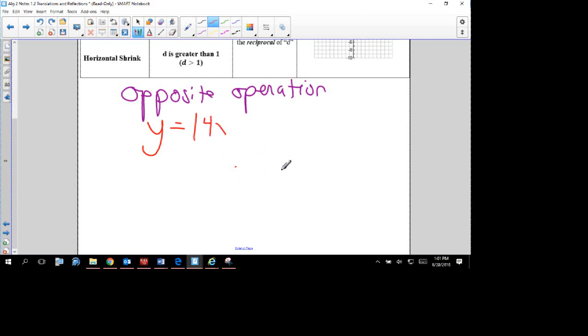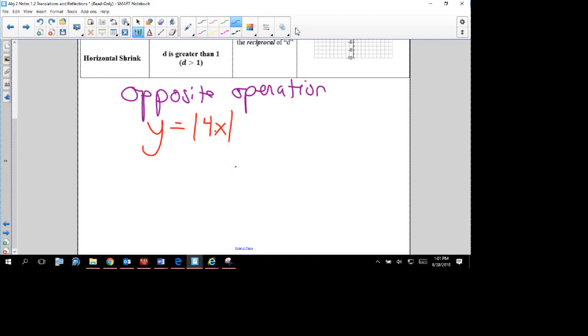Absolute value of 4x. That's the one I'm using. So you look inside and you see that inside of the absolute value, it's being multiplied by 4. So that means it's horizontal because it's on the inside. And because we're multiplying, it's going to be a stretch or shrink. Because it's multiplied by 4, we do the opposite.